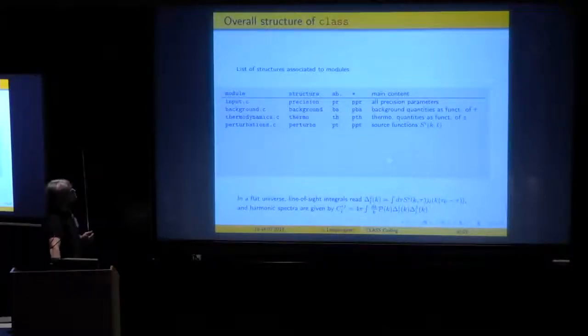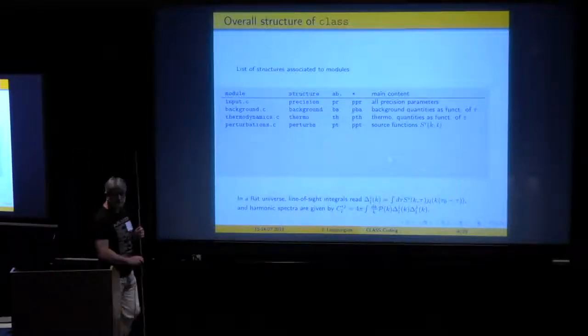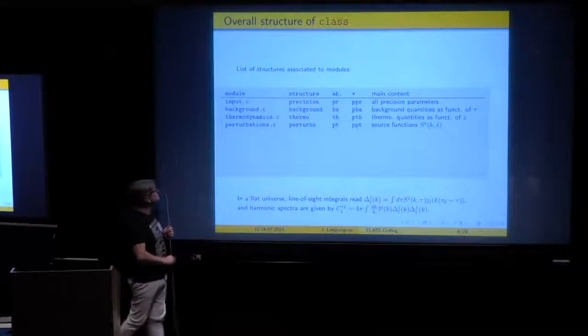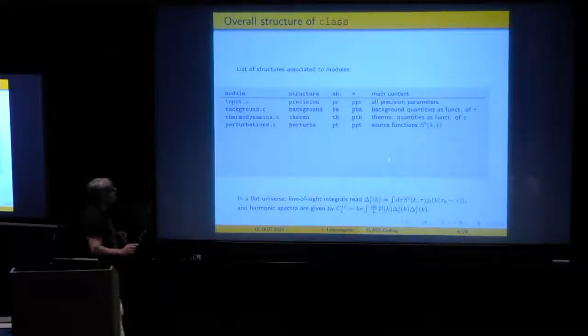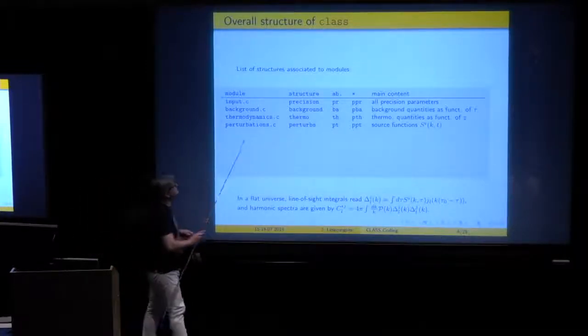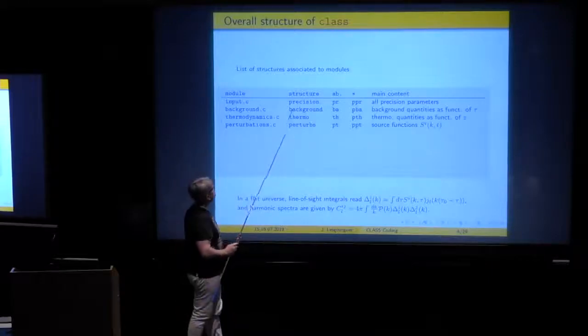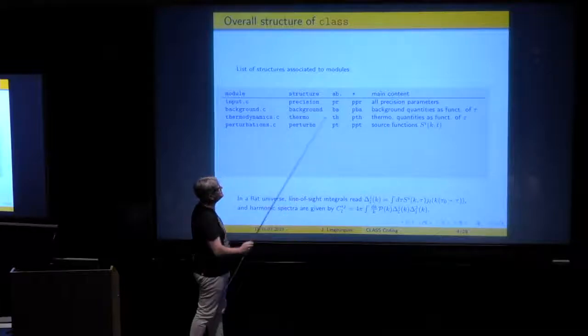The perturbation module is a big one. It's the one with the biggest number of lines. It's the one containing the most advanced physics. It's very important. It's perturbations.c. The structure associated to it is perturbs, abbreviated in PT with the pointer PPT.